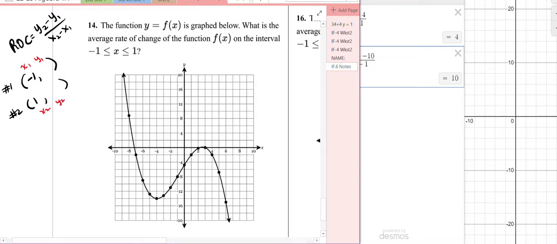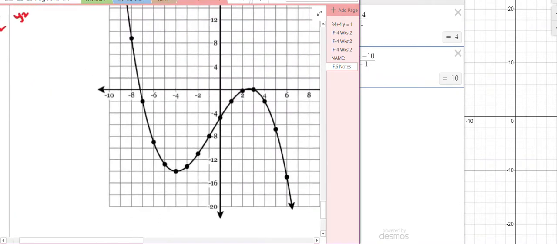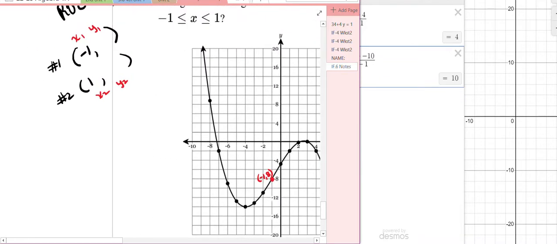All right, so let's find the values in the graph. So when x equals -1, let's see if I can zoom in a little bit. When x equals -1, the function value is right here at 8, right? Because this is -1, 8. So I'm going to write -1, 8.